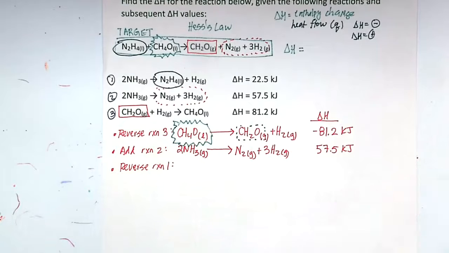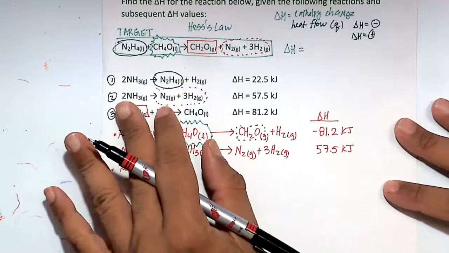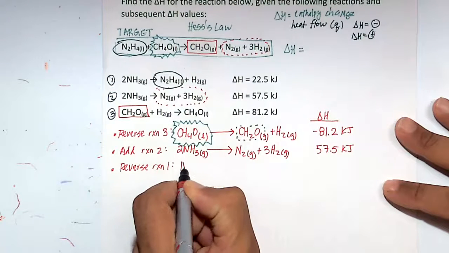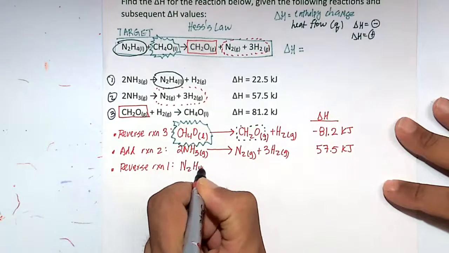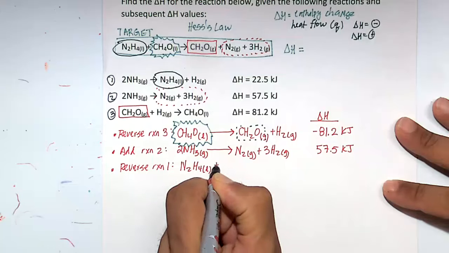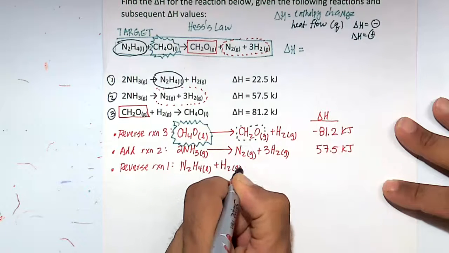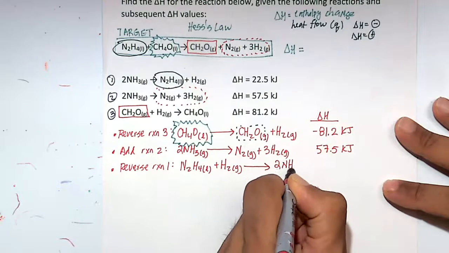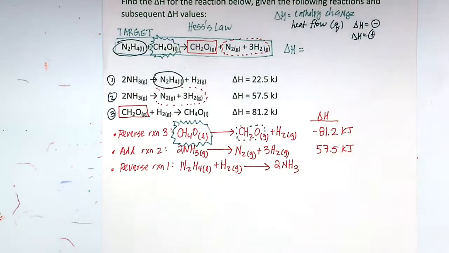Okay, why am I reversing reaction 1? Let's write it down. Reversing reaction 1, we get N2H4 liquid plus H2 gas goes to 2NH3 gas. Okay, if I reverse reaction 1, this 22.5 becomes minus 22.5, is it not?